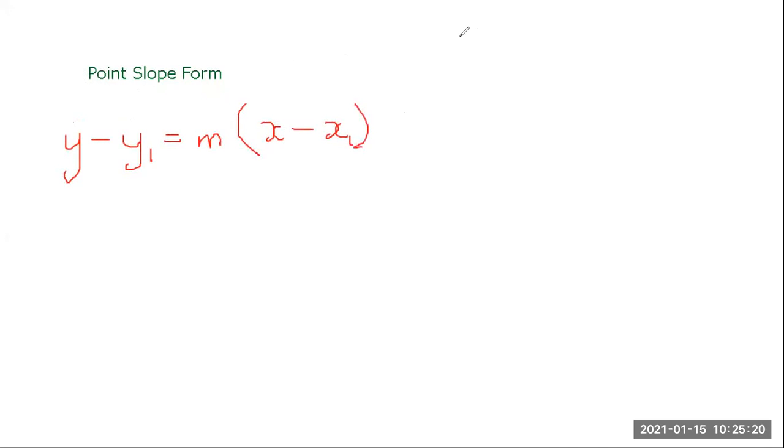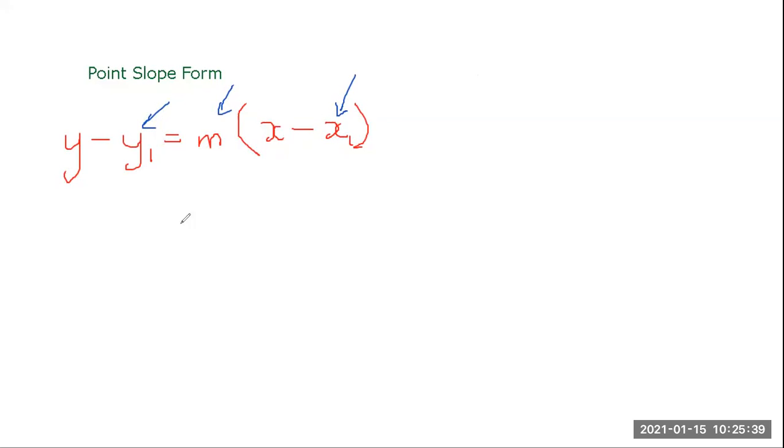And ideally, the numbers that you want to substitute into this form are the x1, the m, and the y1. It's called the point slope form because it involves the point and the slope.